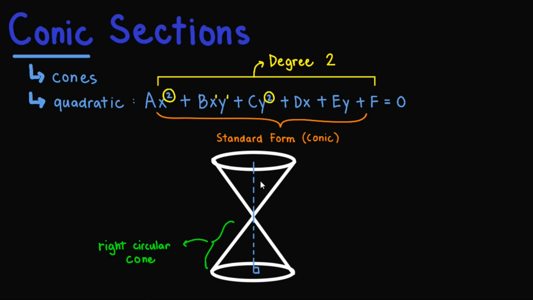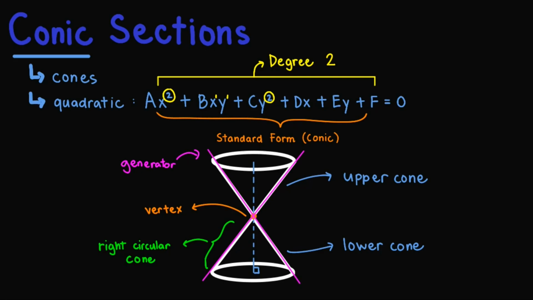So again, this is a circle and this is a right angle. Other parts include the vertex, which is the point in the middle of the two cones. Then we have the upper and the lower cone. And lastly, the generators, the slanted height.